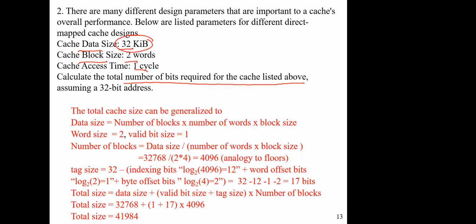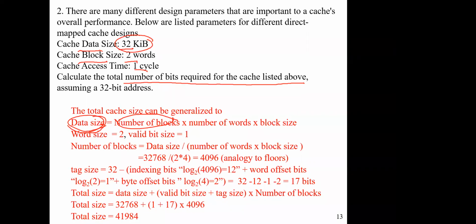Correct? So first of all, how many blocks, how many floors do we have? I know the total number of rooms, the data size. So how can I calculate the number of blocks? The number of blocks will be the total number of rooms divided by the total number of rooms for each floor, correct?